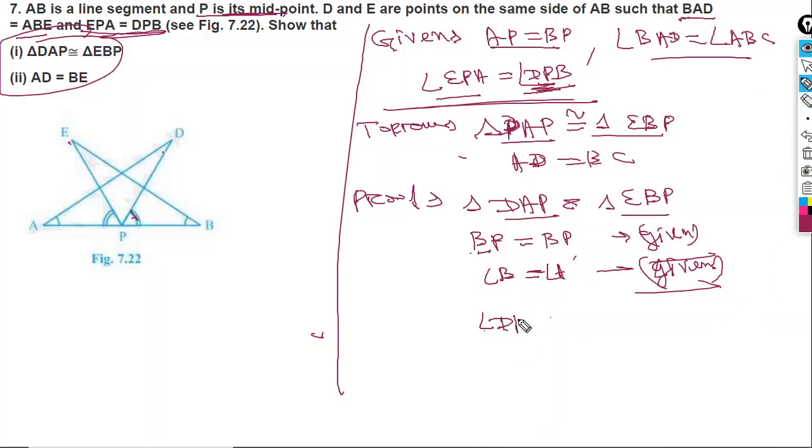Angle DPB equals angle EPA. We will add only this EPD to both sides.